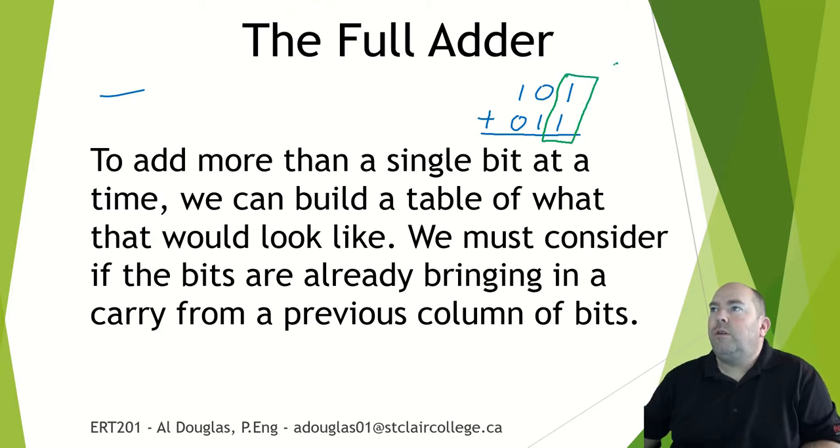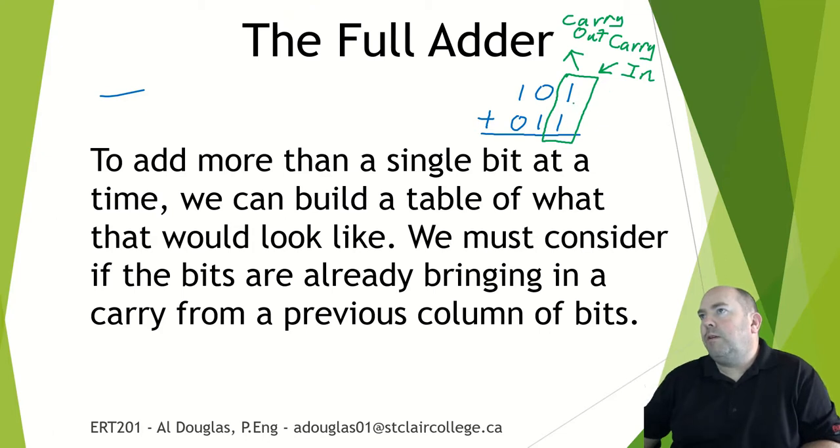So first of all, we have what we call a carry in. And then we have a carry out from this operation. So we have a 1 and a 1. First of all, do we have a carry in? In the very first column, we never have a carry in.